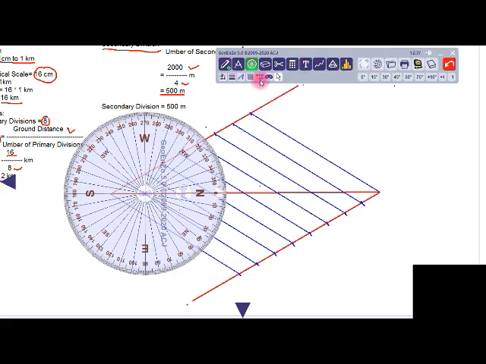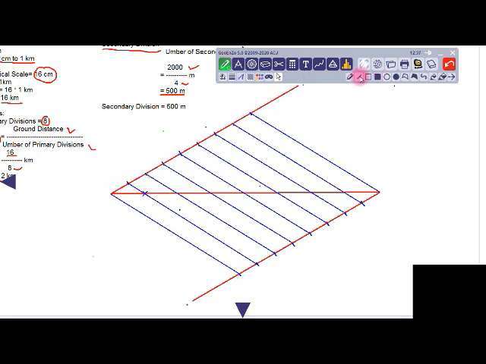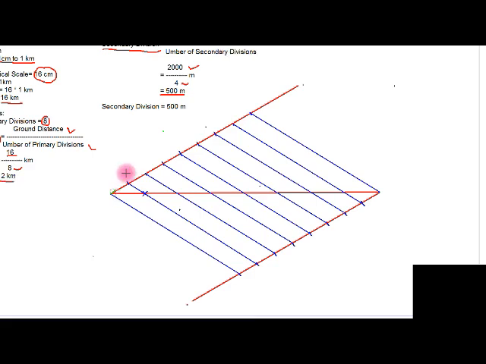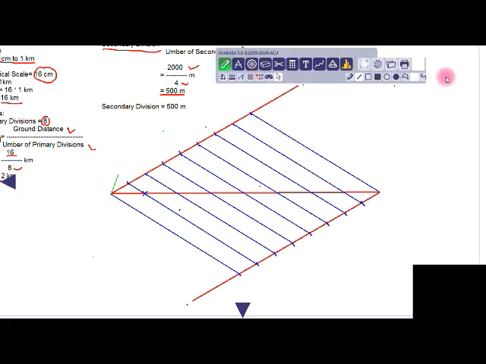Once you have done this, as I told you, again we have to draw the diagonal line to this. From this you can draw this line by ruler, but I have the facility to draw the straight line, so that is why I am drawing.